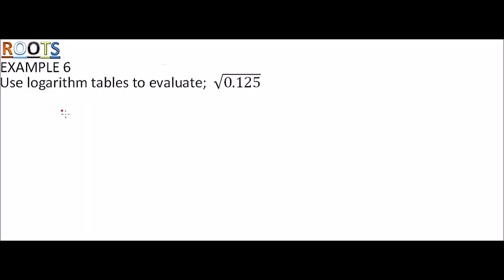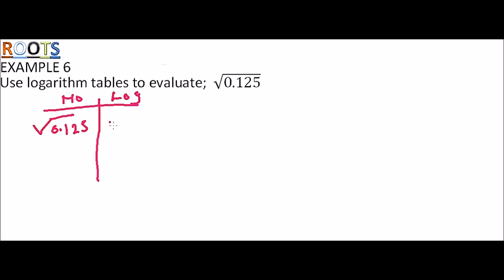So here we are supposed to get the square root of 0.125. We can do it in another way, using a table this time. This is the number, this is the log, and we want the square root of 0.125.